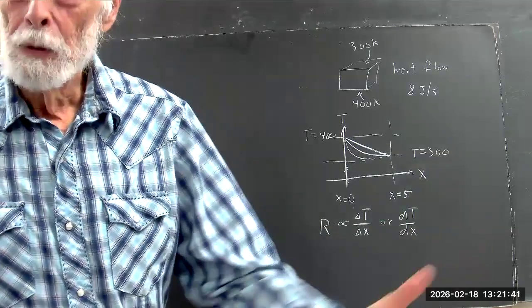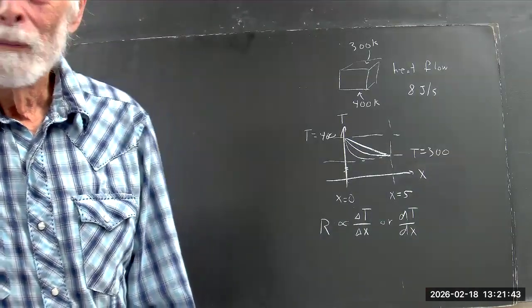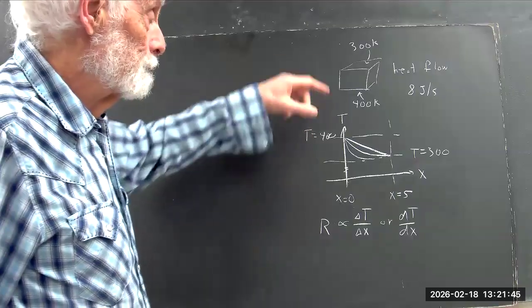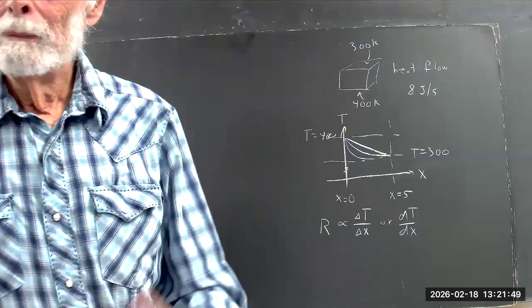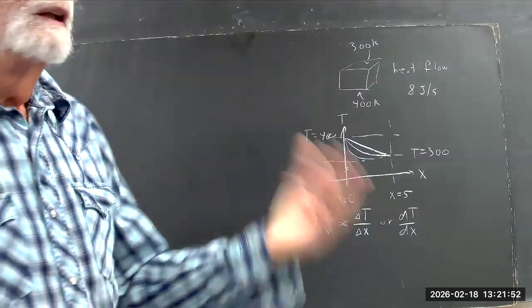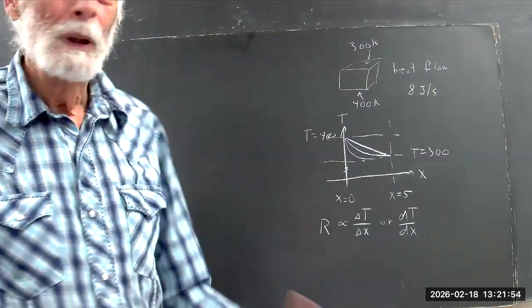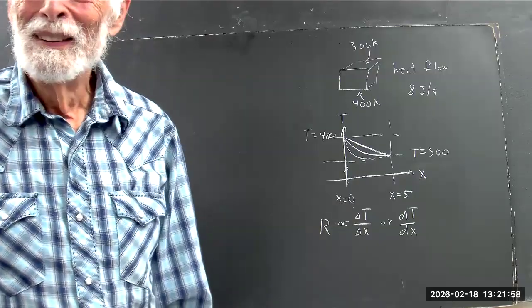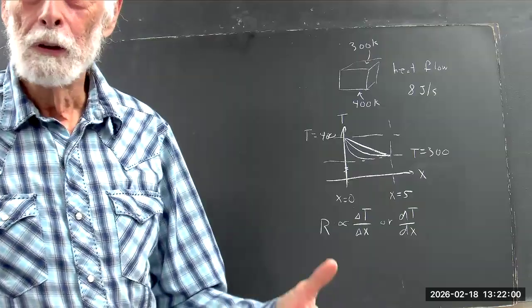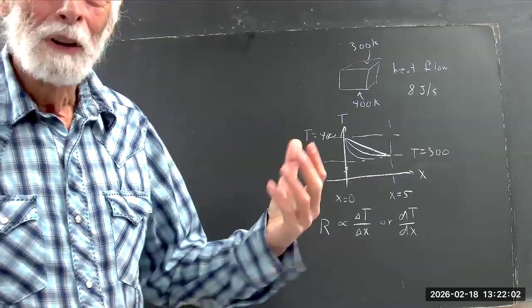Then you divide the temperature difference by that distance. So it's going to be negative 100 degrees divided by whatever number of centimeters. I asked people how many centimeters. Nobody wanted to estimate. Okay, nobody said 5 miles, so that's good.